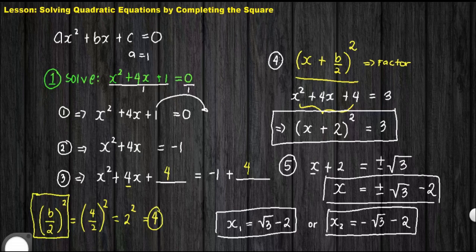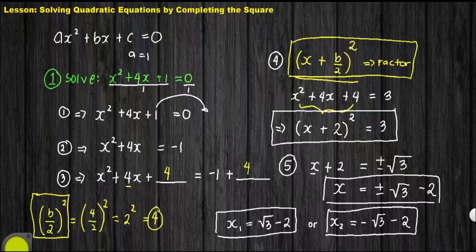For the fourth step, to get the factor, you have to use this format. Since ito ay perfect trinomial na kasi, no? Perfect square trinomial, pwede natin gamitin to as our factor. And then yung b dito is yung middle term.